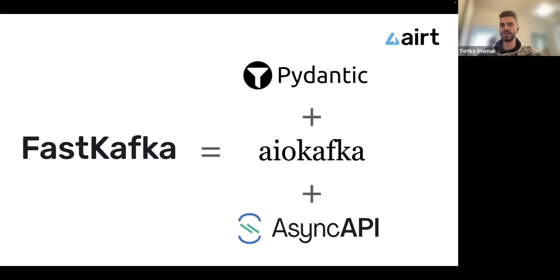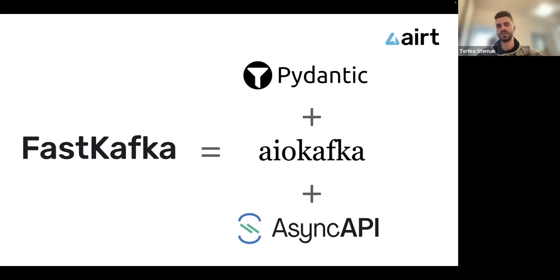For the message parsing, we decided to use Pydantic. It's a standard library that is used for defining the models of JSON. When we input those JSON, it will be parsed and put into Python classes. For the backend, so for the communication with Kafka, we decided to use aiokafka.